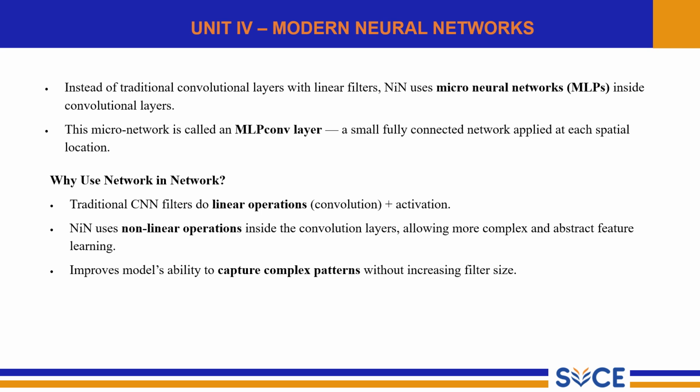This makes NIN especially powerful for tasks that require recognizing subtle patterns or high-level abstractions in data, all while keeping the model computationally effective. So NIN replaces simple linear filters with small neural networks, allowing deeper feature learning and better pattern recognition in images.